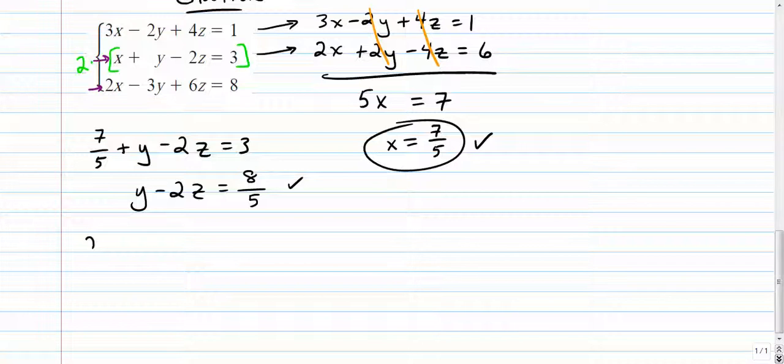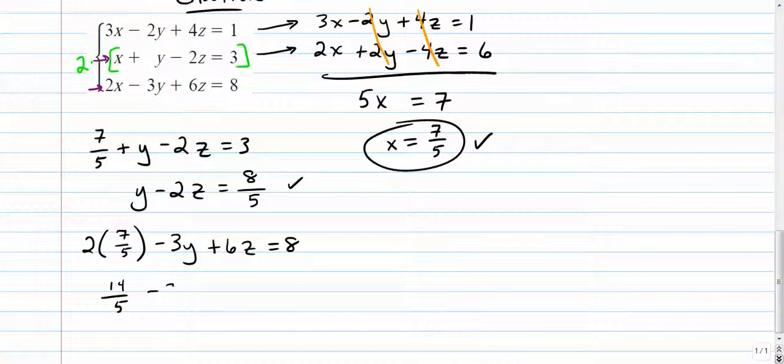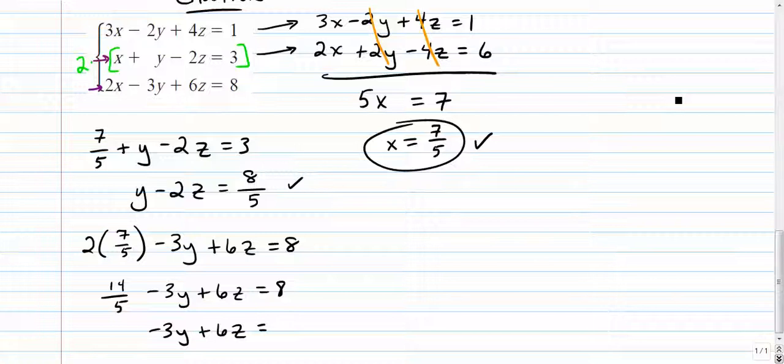Bottom equation, 2 times x minus 3y plus 6z equals 8. This is 14 over 5. You just take that 2 multiplied by 7/5. So we want to move the 14/5 over to the other side. To do that, we simply subtract it. So 8 minus 14 over 5. 14 over 5 is 2.8.